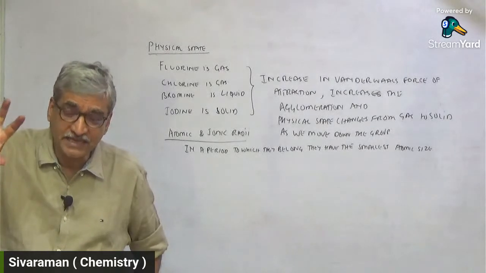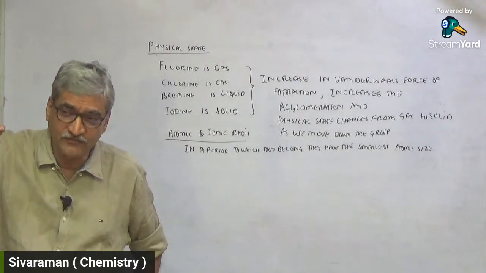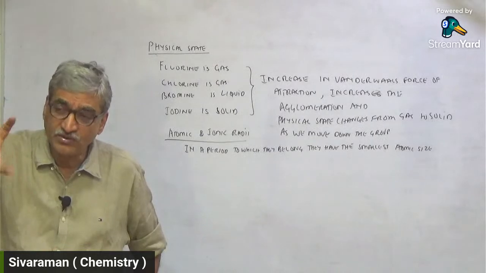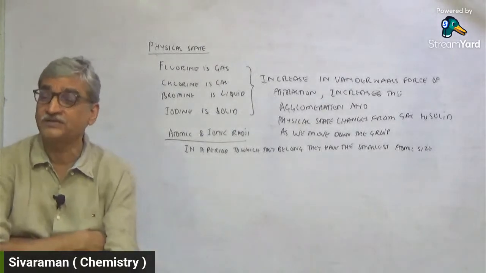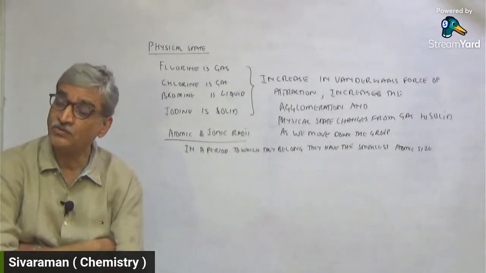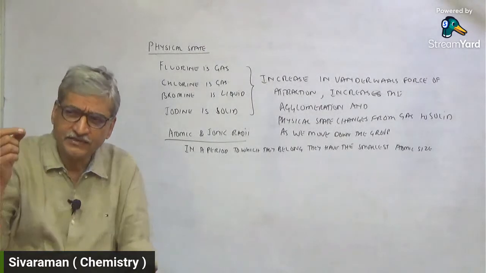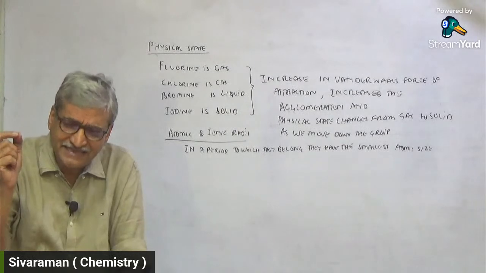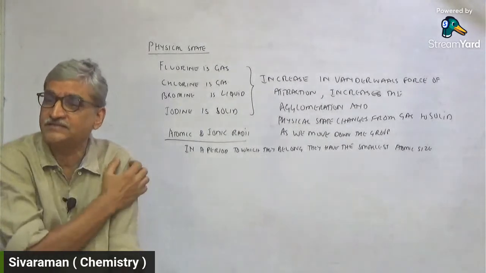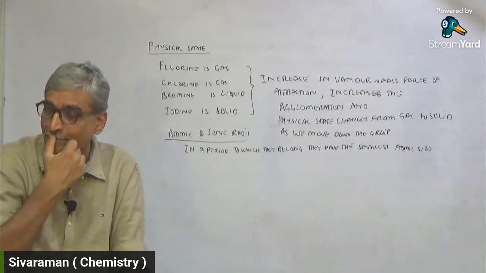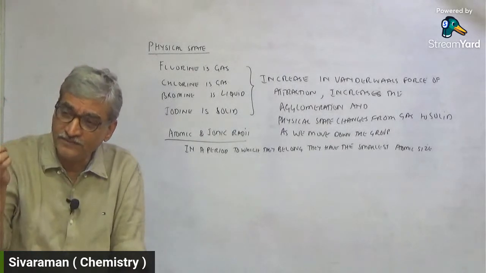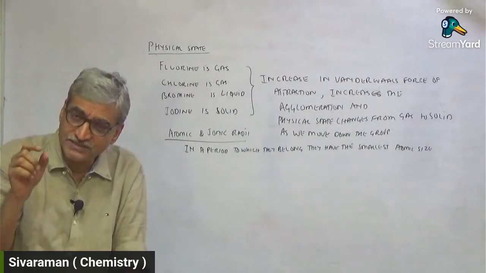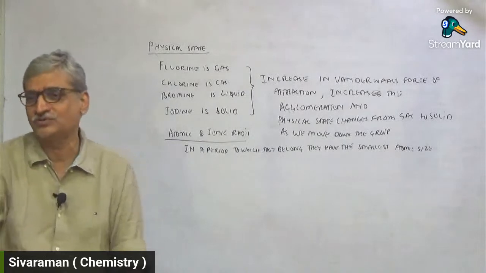The electrons are completely filled, and because of the paired electron repulsion, the atomic size of the inert gas is slightly greater than that of the corresponding halogen. So therefore, the credit for being the element with smallest atomic size goes to halogen.